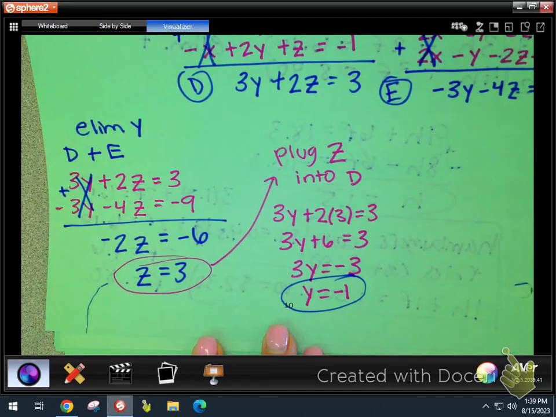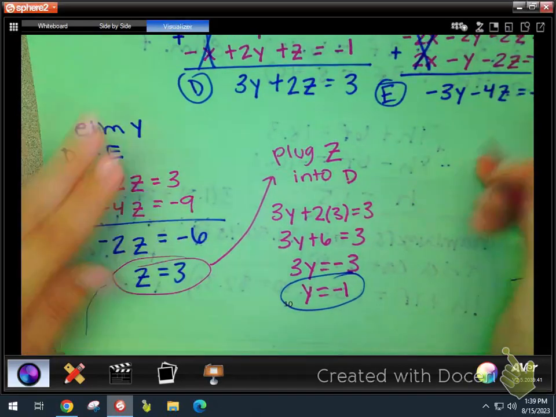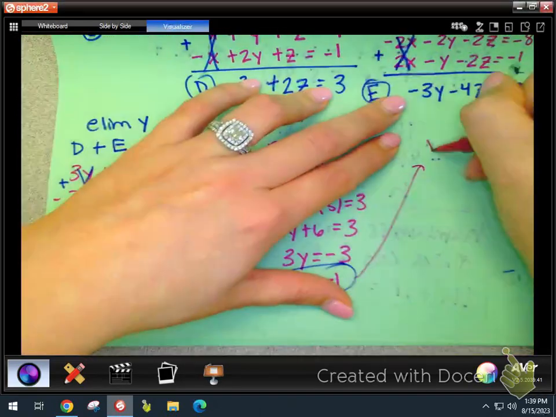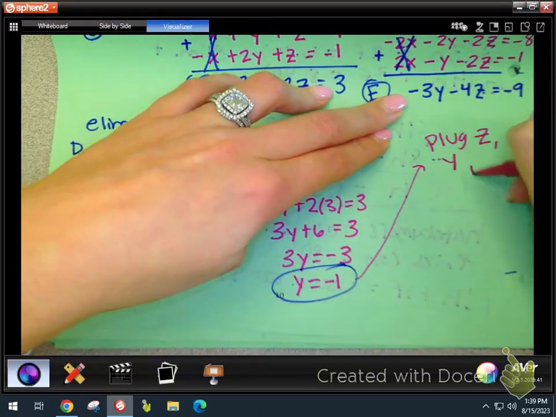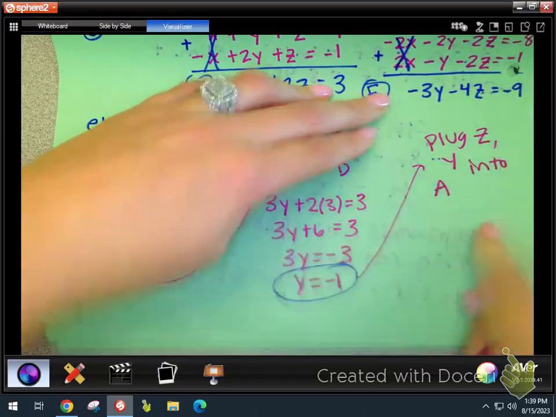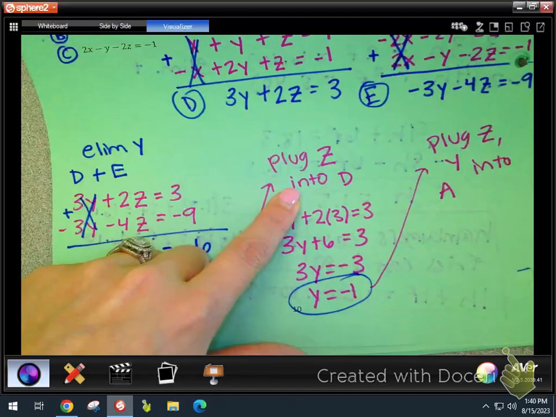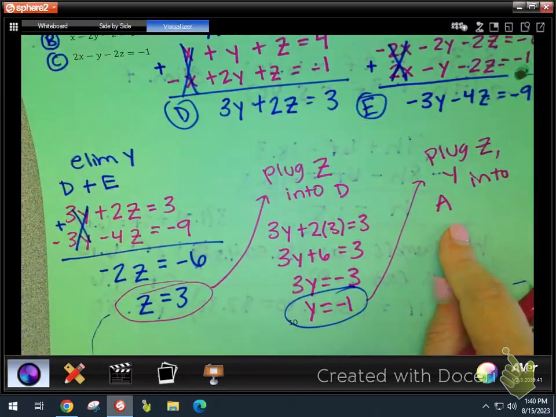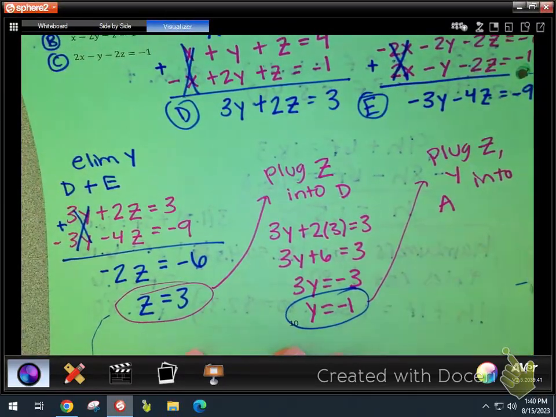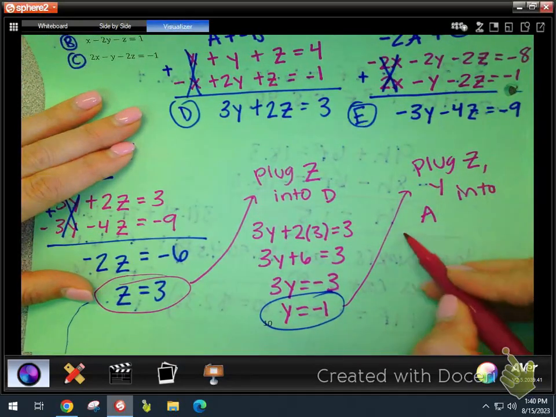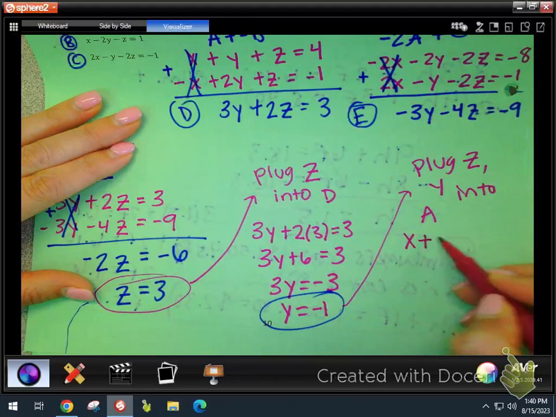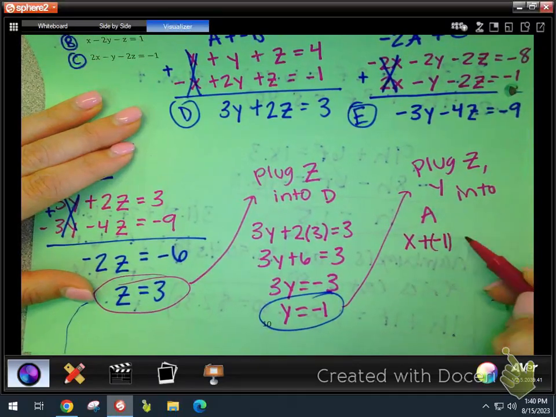So now we've got 2, so we're able to go back into one of the top equations. Which equation in the top is easier? A. So now you're going to plug z and y into A. I don't need you to write plug in. That's fine. But I do want you to tell me what you're eliminating and how. And so now we go back to the original. We said we were going to use A, so x plus negative 1 or minus 1.